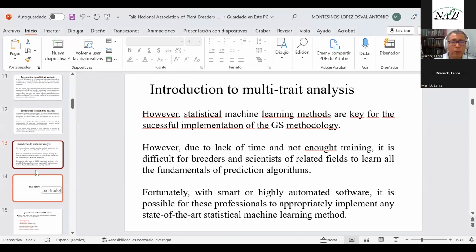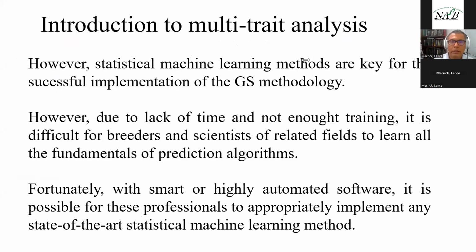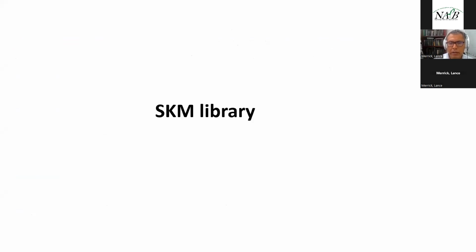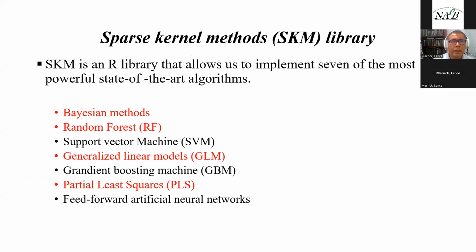Okay, I will talk a little bit about the SKM library and the things it offers to implement multi-trait, multi-environment prediction models. The name SKM means sparse kernel methods library.